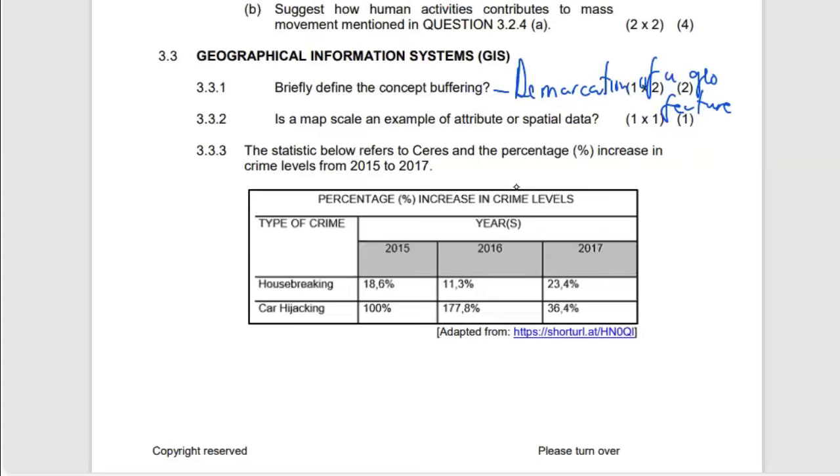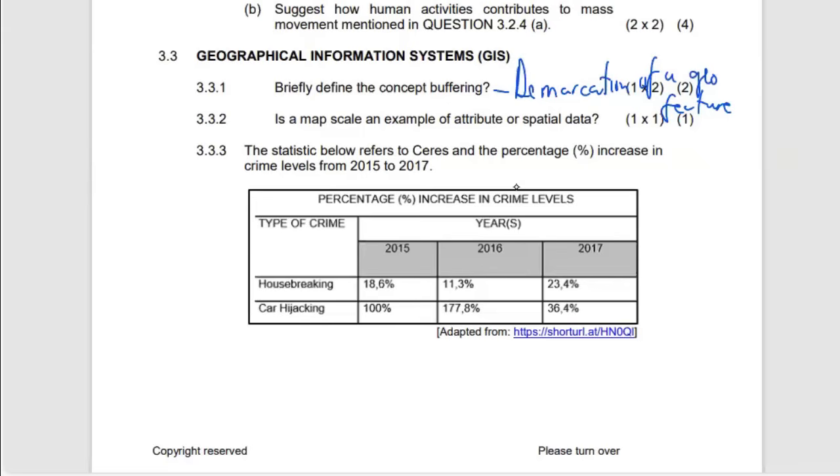Demarcating or putting a boundary on a geographical feature, that is buffering. For example, along rivers, we can put buffer zones to limit human activities on the river, or to limit construction or other activities which might harm the river. We might put a fence along the river, or plant some trees along the river to mark a boundary.